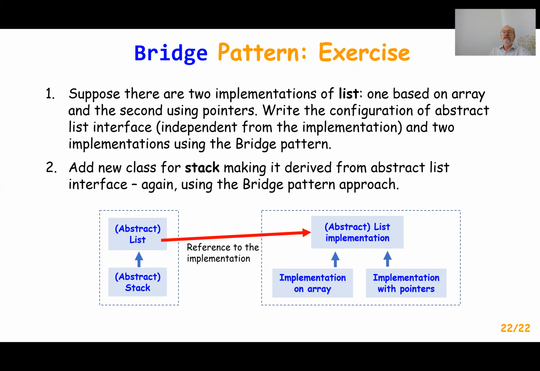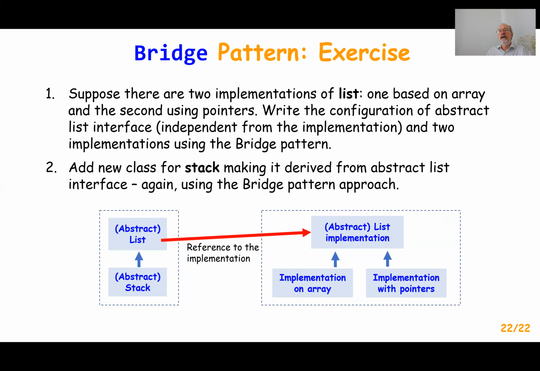And the final slide for today is an exercise. Again, I remind you that this is not an obligatory exercise, this is not a task, but exercises for your home thinking. The first point: suppose there are two implementations of a list. You know this kind of data structure quite well.